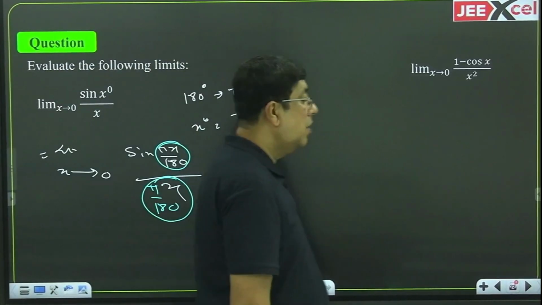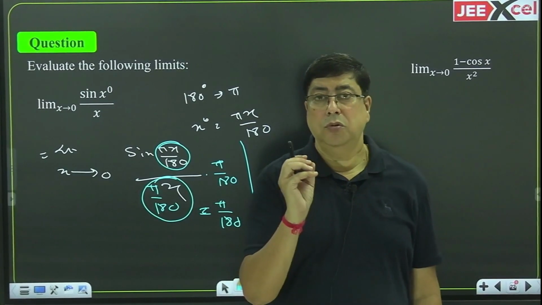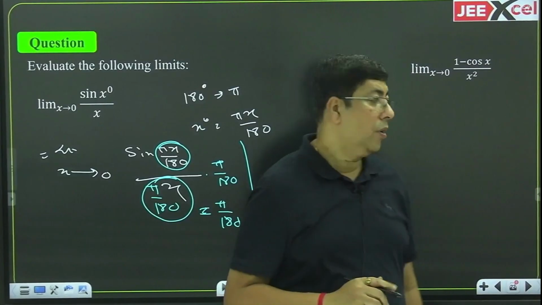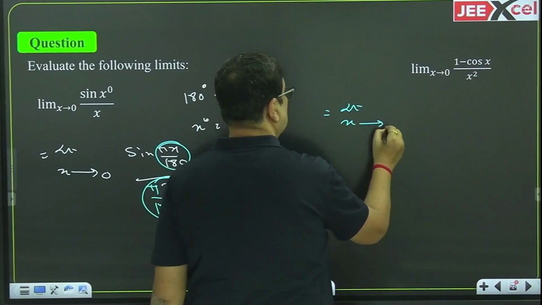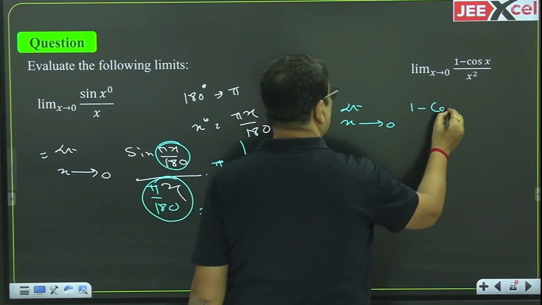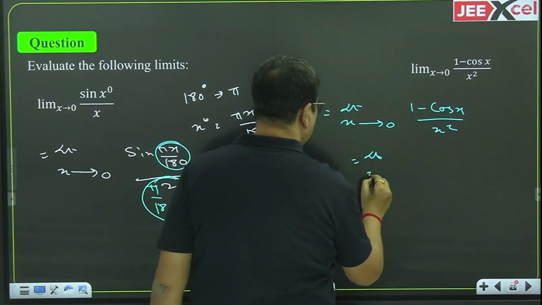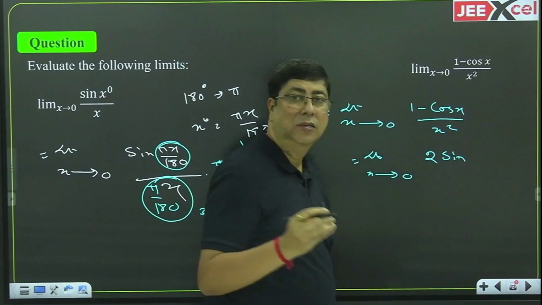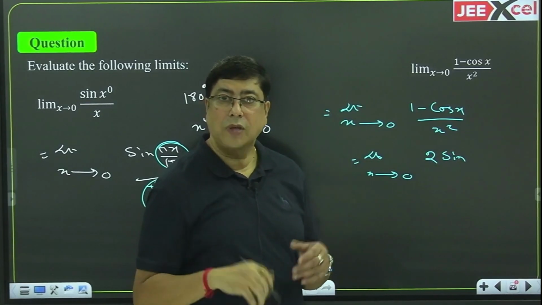Here also same thing. And one more thing, to know the limit properly, you have to know trigonometry very nicely. So we can say here, limit x tends to 0, 1 minus cos x by x square, by submultiple angle. We know that 1 minus cos 2 theta is 2 sin square theta. So 1 minus cos theta is 2 sin square theta by 2.